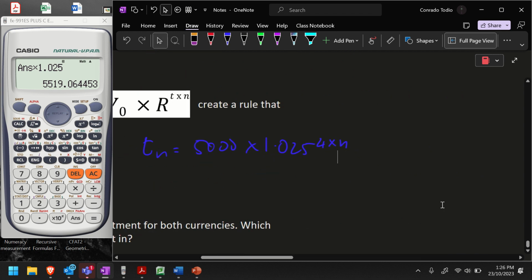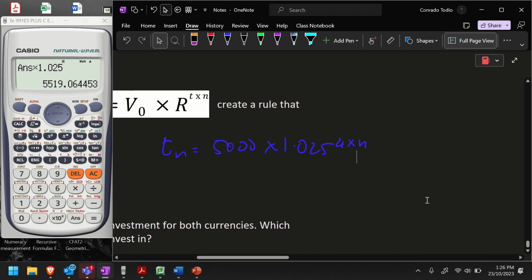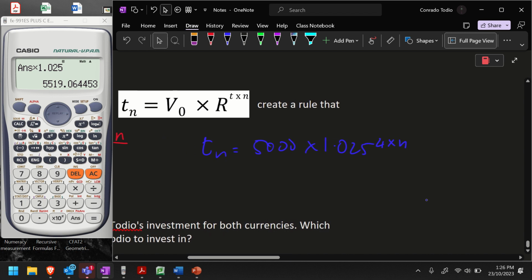Yes, you can't see which one. Oh, it's too small, sorry. I'll use a different color. Is purple better? How's purple? All right, let me rewrite it. Tn equals 5,000 times 1.025 to the power of 4 times n.